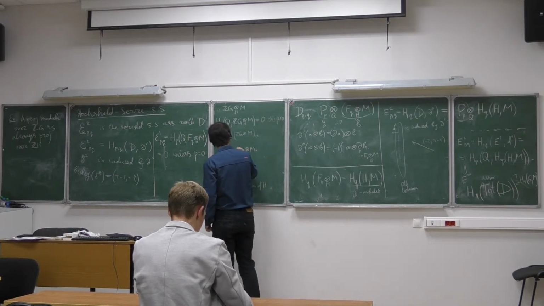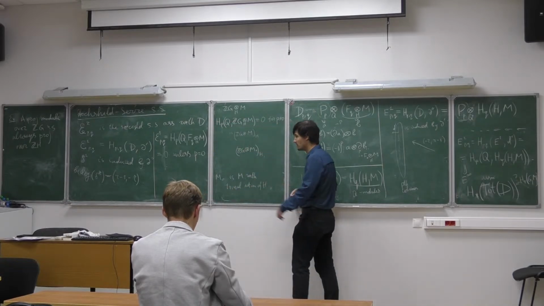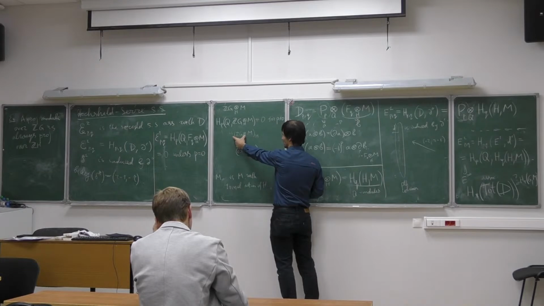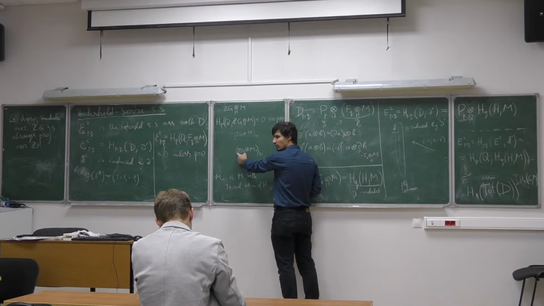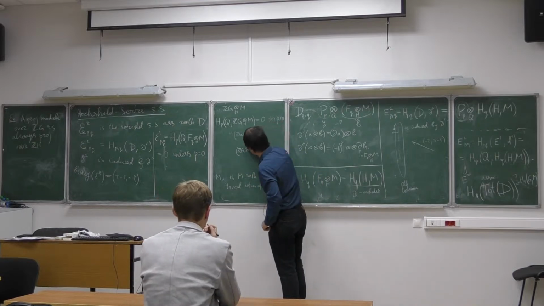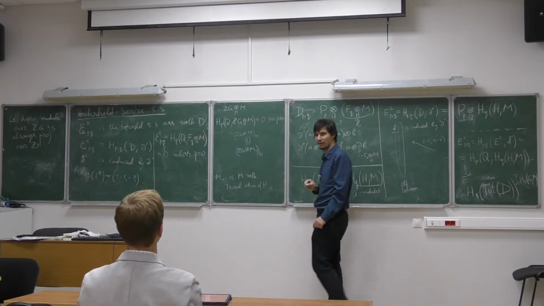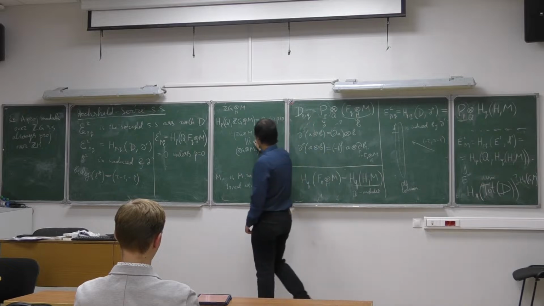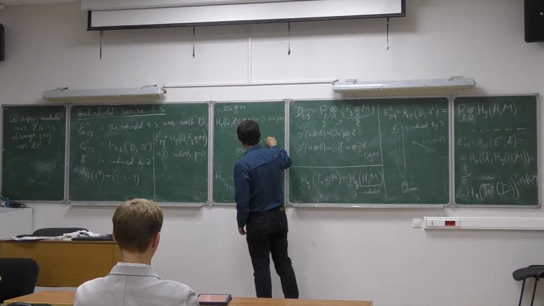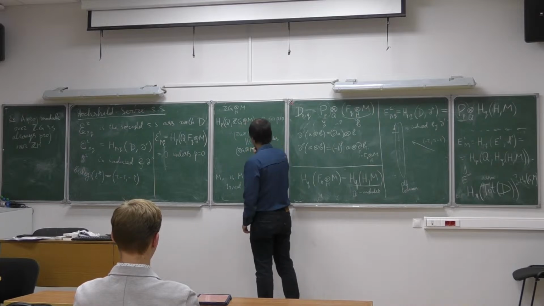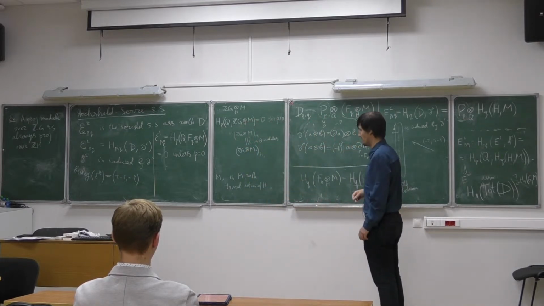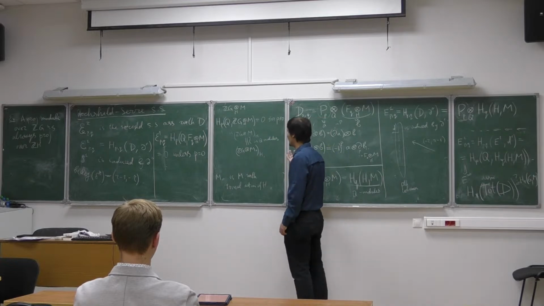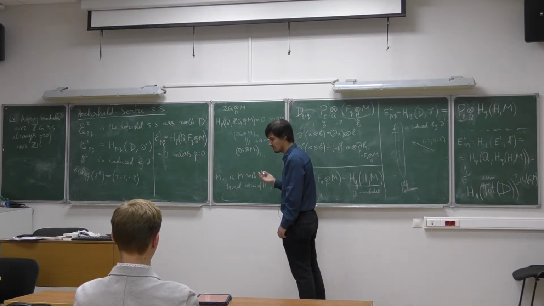We can consider similar coinvariants. These are different coinvariants. Here the action is on both, but here only on the first. I claim that this is isomorphic. Moreover, it is isomorphic as Q-modules. Why? Because we can just write down this isomorphism explicitly.